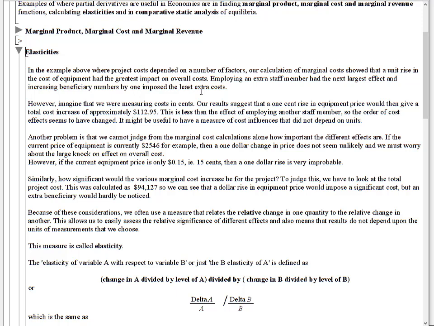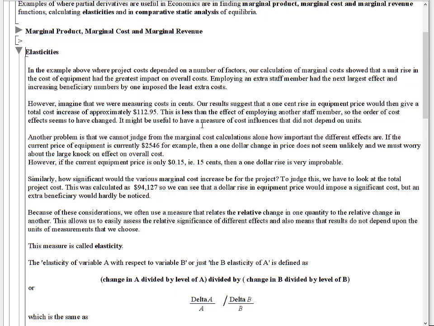Imagine we were measuring the costs in cents. Then the results suggest that a 1 cent rise in equipment price would give a total cost increase of approximately $112, which is less than the effect of a staff member. So the order of cost seems to change, which is not very desirable.